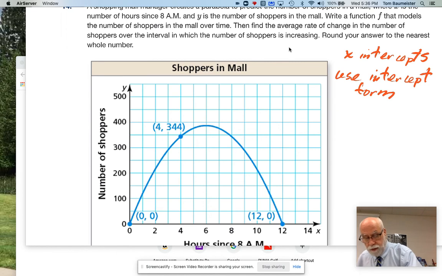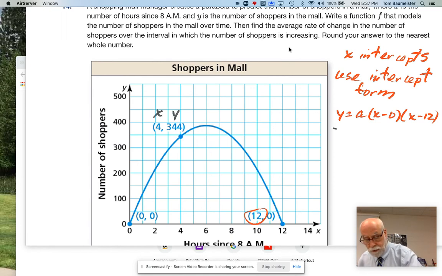So remember on that, it's going to be y is equal to a. Now you don't have to put x minus 0, but for some of you, you might put that just for a second. And then the other one is going to be x minus 12. Again, we have a positive one there. Take the opposite sign. So now we have to solve for a. So our point, the only point they gave us was, there's our x and there's our y.